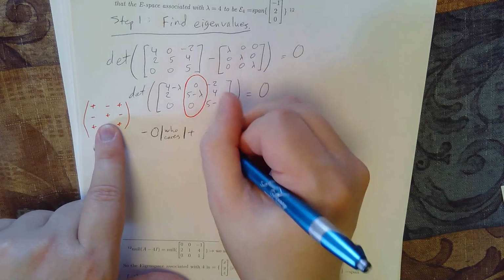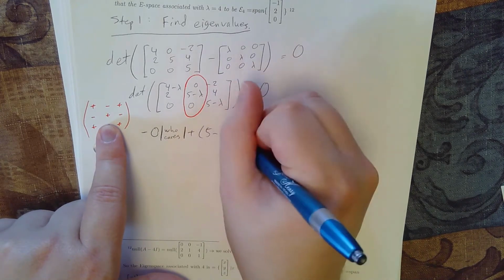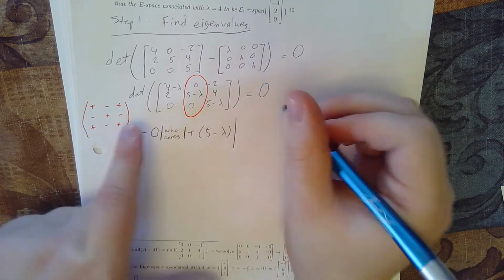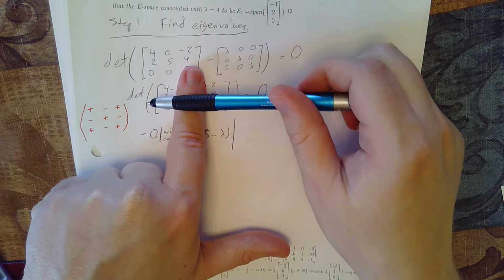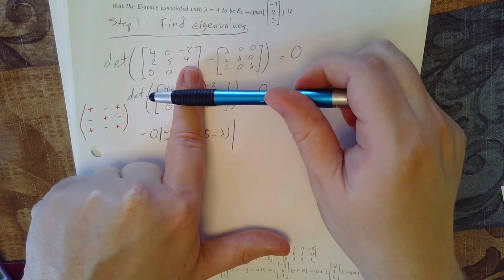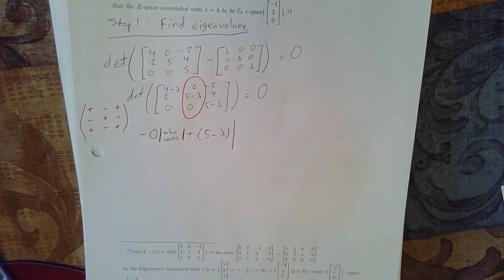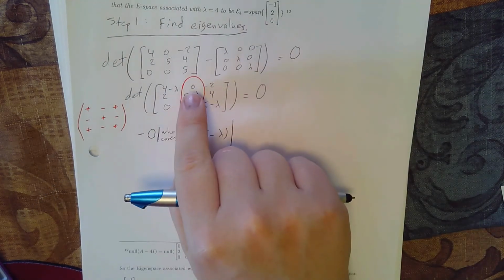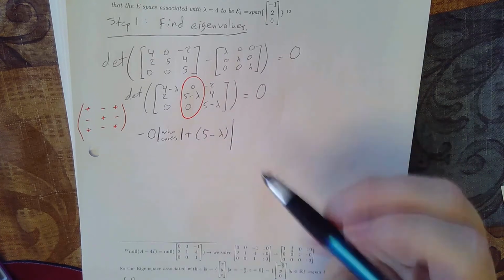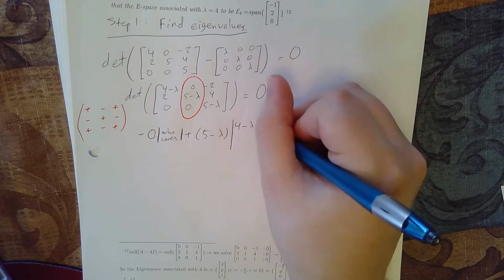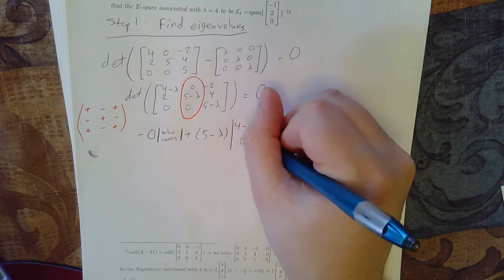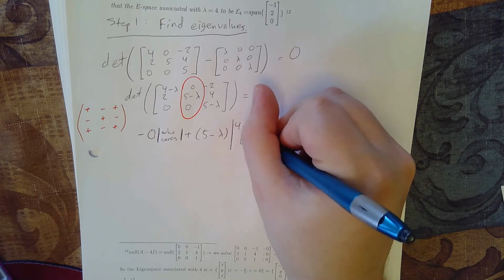Plus, because now we're on plus, 5 minus lambda times the determinant of the matrix we get by removing this row and column, which is [4 minus lambda, -2; 0, 5 minus lambda].